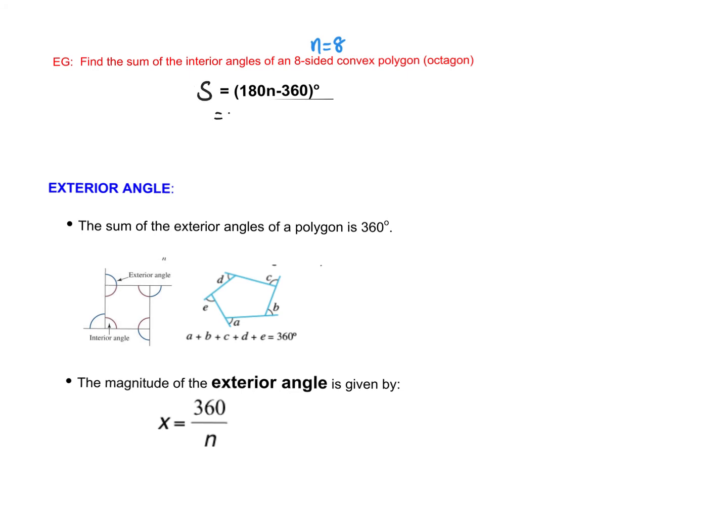So the sum will equal 180 times 8 minus 360. If you do that, we get the sum of all the angles inside of an octagon are going to add up to 1080 degrees.